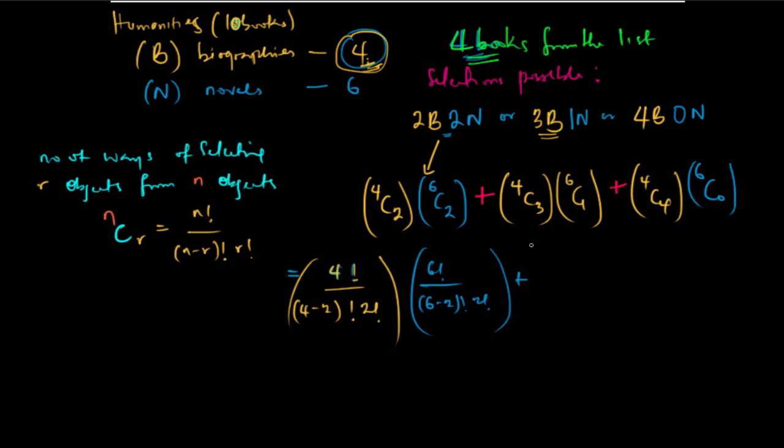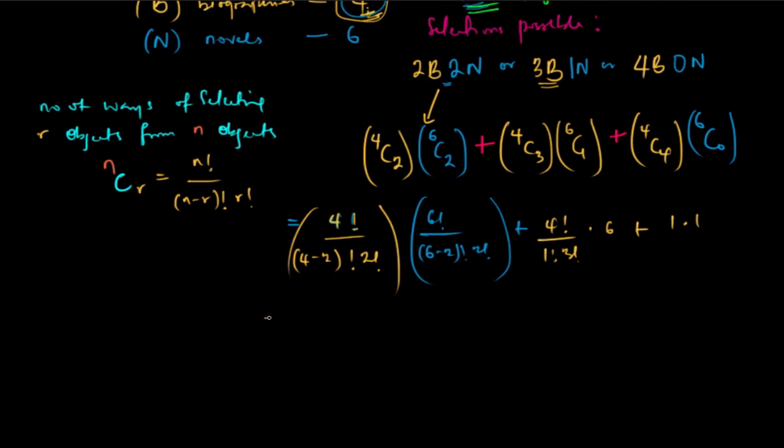Now plus, similarly here we do the same thing. So you have 4 factorial divided by 4 minus 3 factorial, which is 1 factorial, times 3 factorial, then times 6 combination 1, which is 6, then plus 4 combination 4, that is 1, times 6 combination 0, which is also 1.